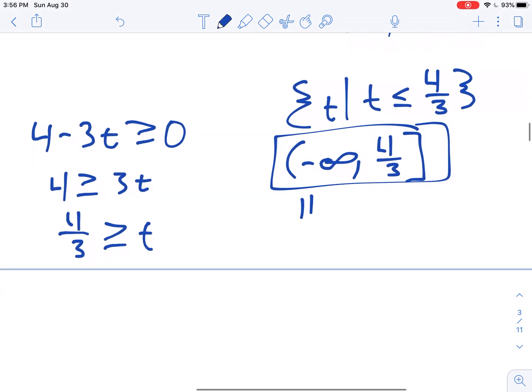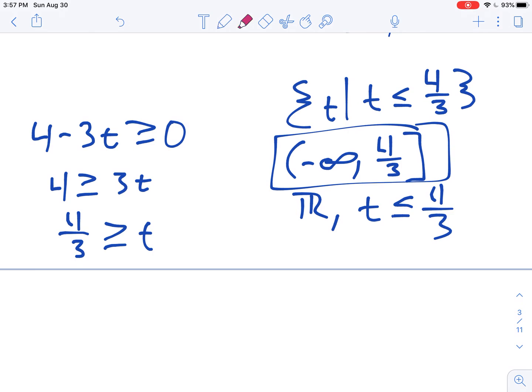I could say all real numbers as long as t is less than or equal to 4/3. I could also just write out as a sentence: the domain of the function the square root of 4 minus 3t is all values as long as the values of t are less than or equal to 4/3. That's a lot of work.